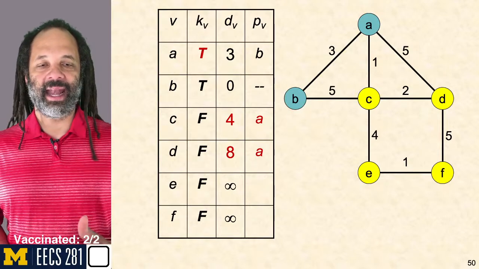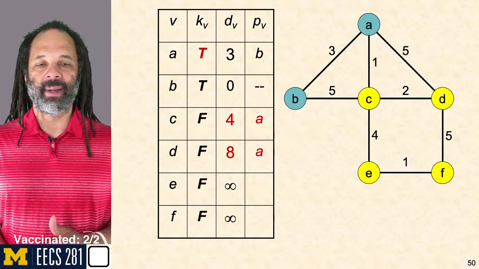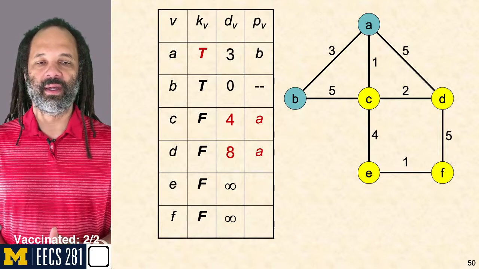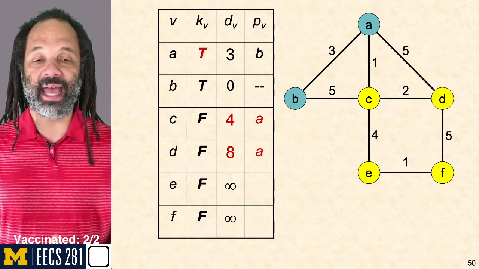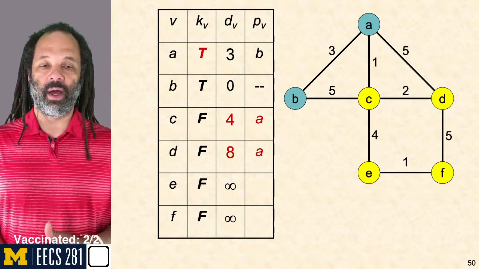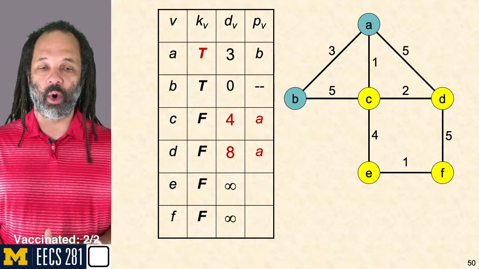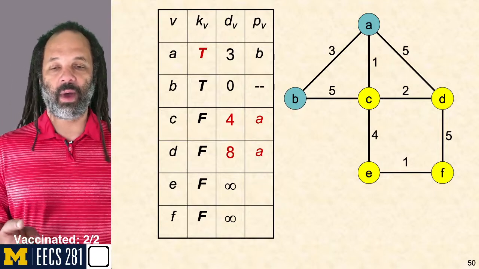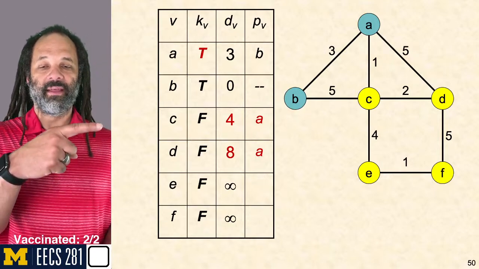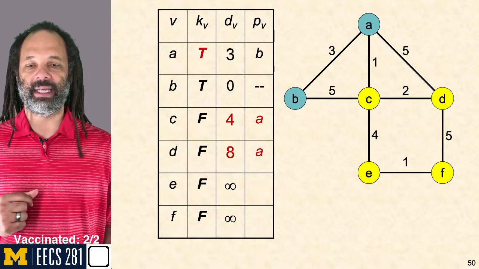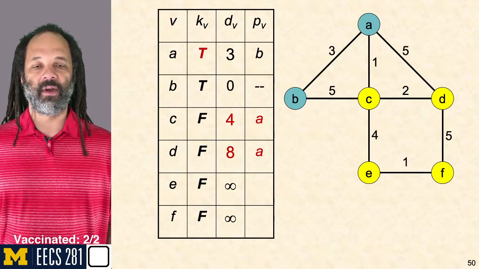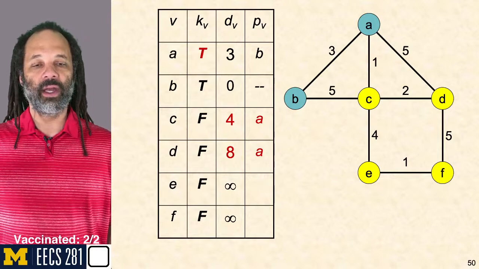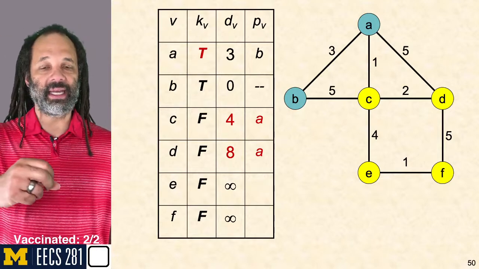C has got an edge from A to C for 1, but since it costs 3 to get to A, it's 3 plus 1 for a total value of 4 to get to C. And that's why we've overwritten the 5 that was previously in C with this 4, because I could have gone from B to C for 5, or I could have gone from B to A to C for 4.